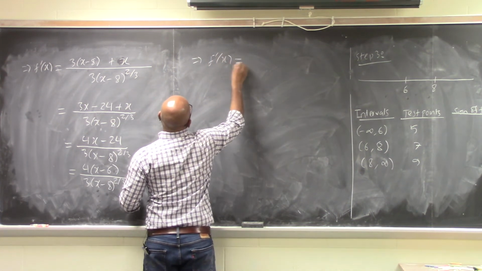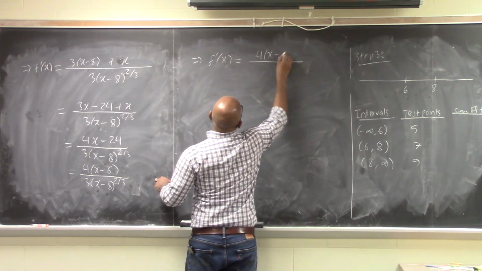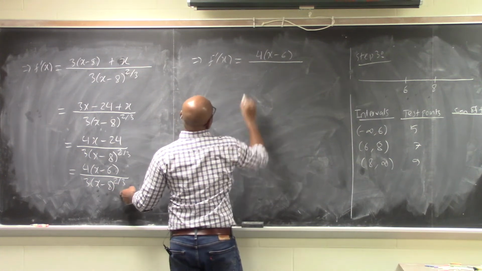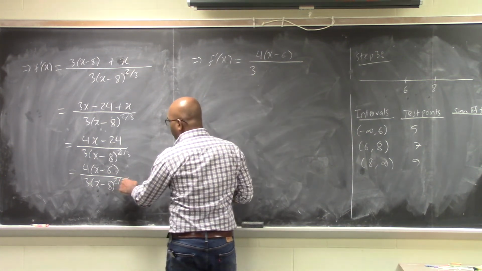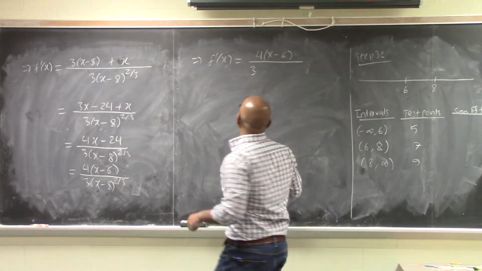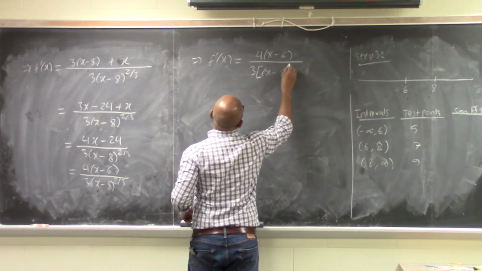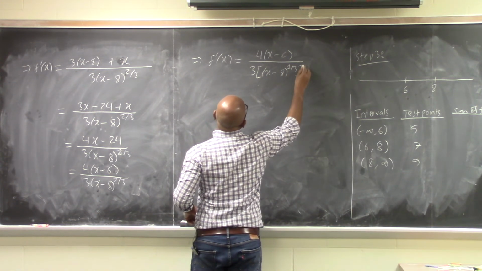F prime of x is 4 times x minus 6, and this is 3 times the power 2/3, which means first you take the cube root and then you square. So this thing is x minus 8 raised to the power 1/3 and then you square.